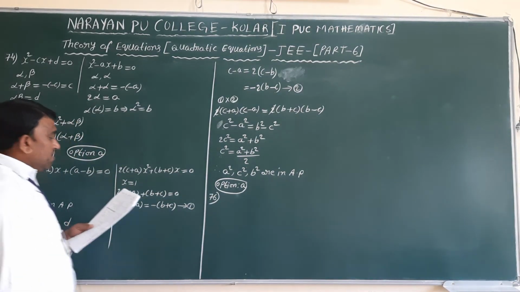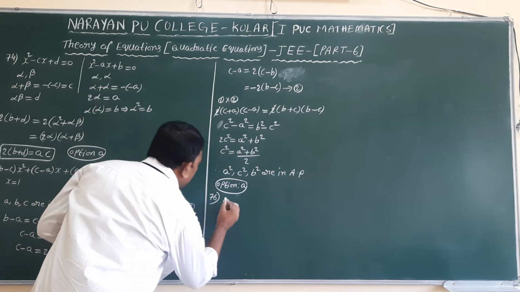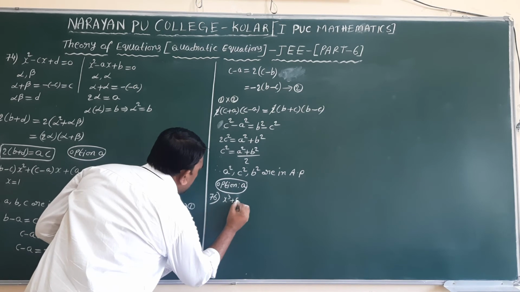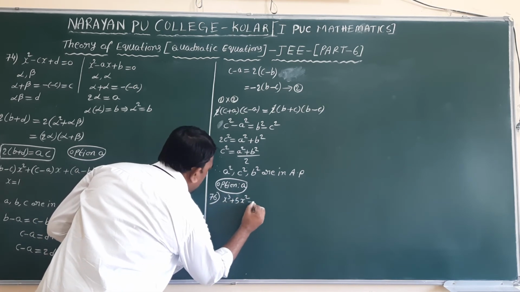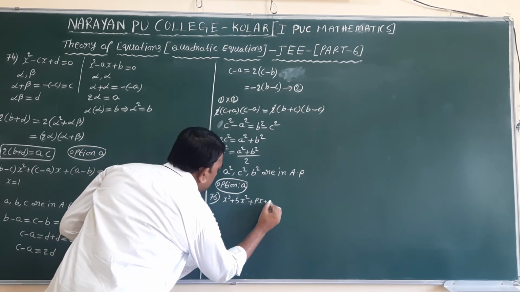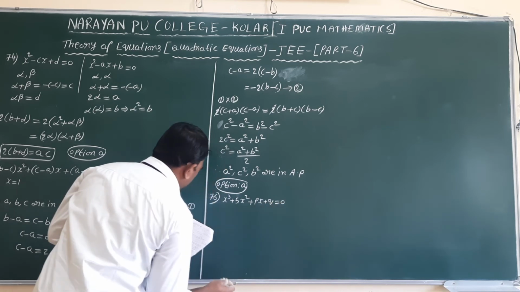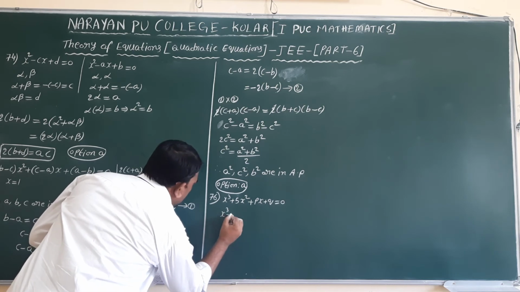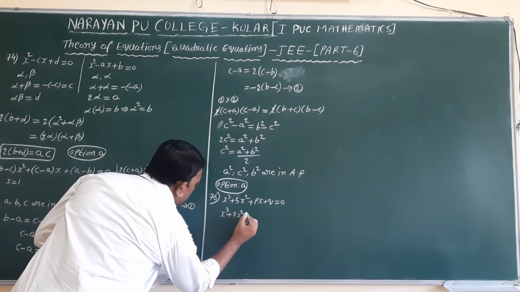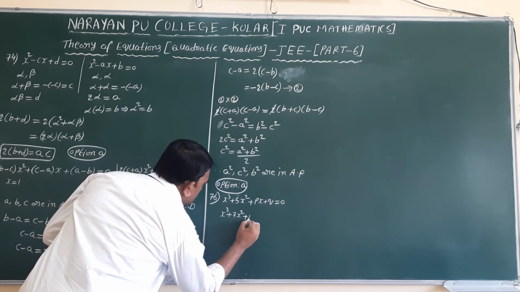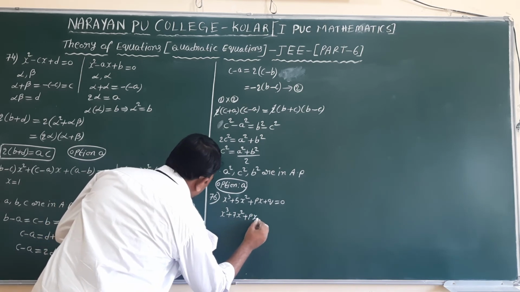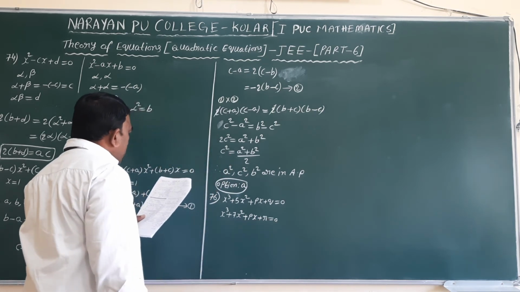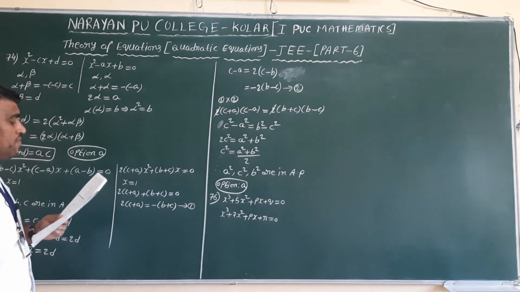And next, the 76th question. The equation x cube plus 5x square plus px plus q is equal to 0, and another one x cube plus 7x square plus px plus r equal to 0, have two roots in common.